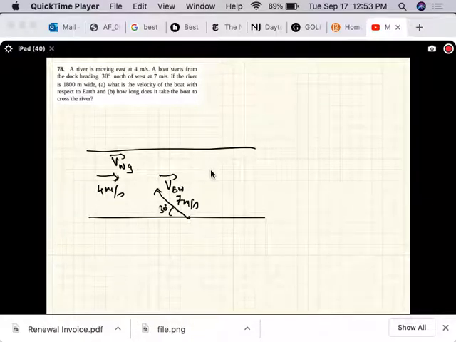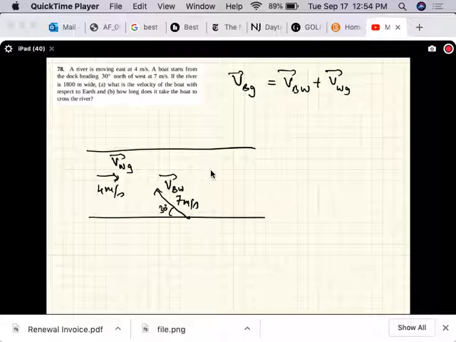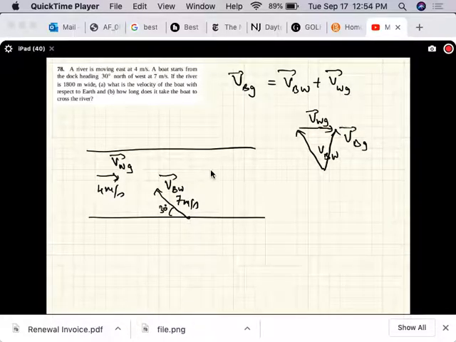Velocity of boat with respect to water plus velocity of water with respect to ground will give you velocity of the boat with respect to ground. Okay, that's what we're interested in.